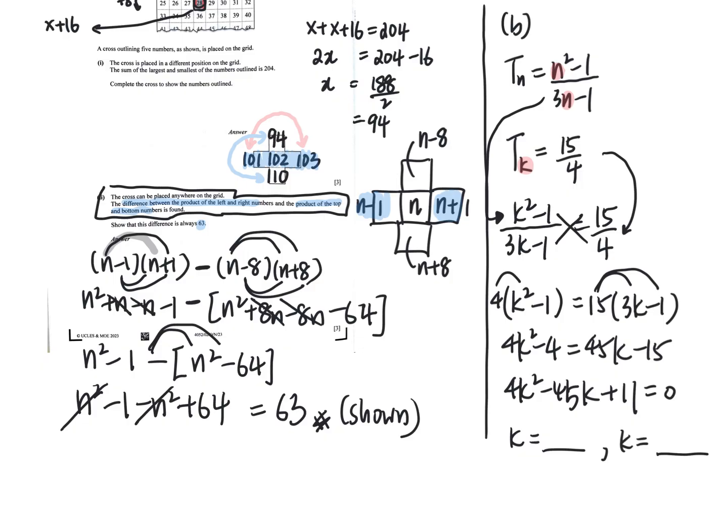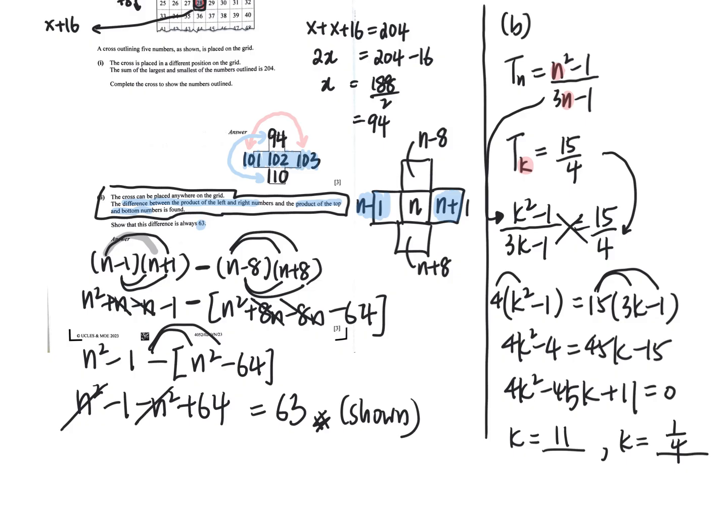Your polynomial solver, key in 4, negative 45 and 11. You will get your answer as 11 and 1/4. Okay? So once you get this, they say, can you find the k plus 1 term now?